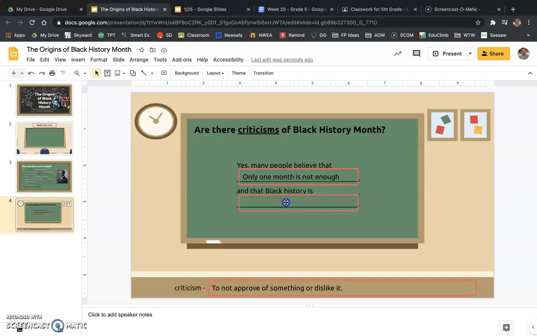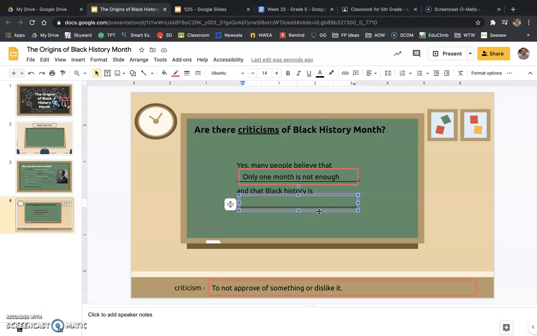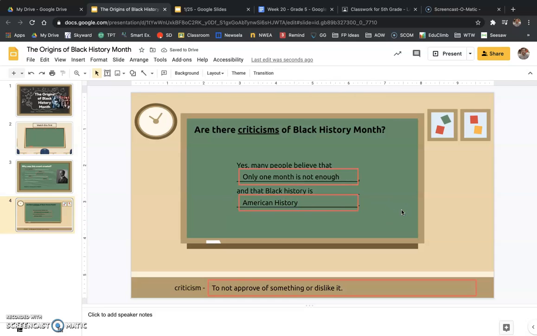That's not fair. All right, and they also say that when we're talking about Black history, it's not something that we should just think, oh yeah, February. When we talk about Black history, we should be talking about American history. Okay, it's part of American history. So when you take American history, like we're taking American history now a little bit, we're learning about the 13 colonies, we're going to start talking about those colonies starting to fight back against England.